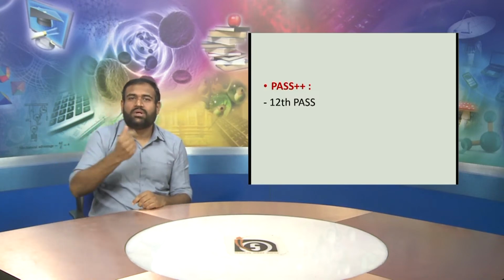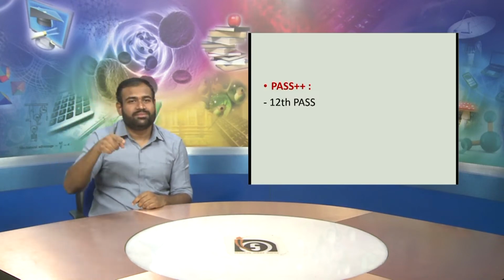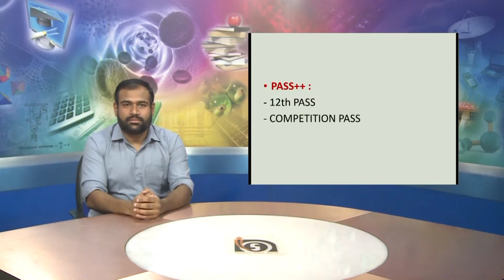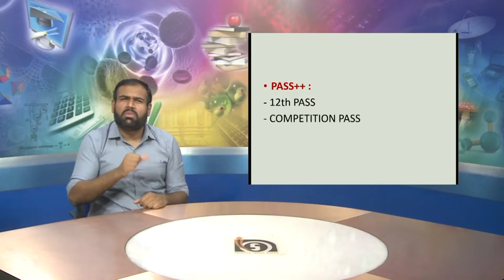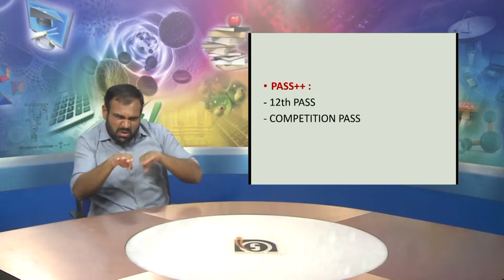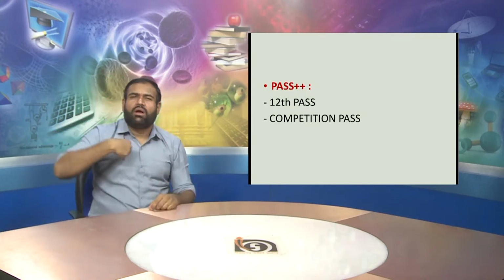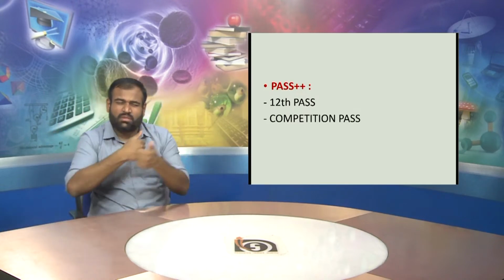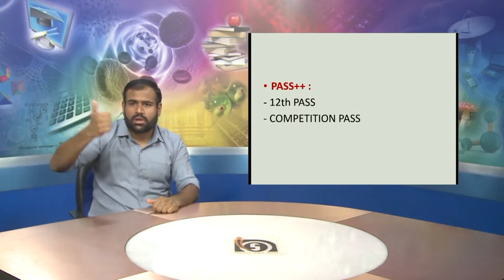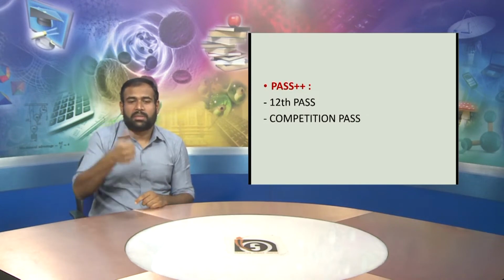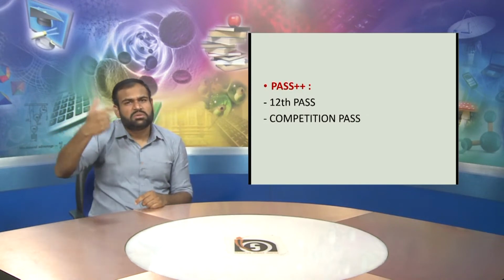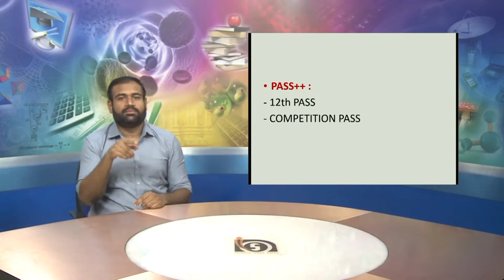It means I have been passing all this time. I passed in the competition also. So this is the sign we will be using for telling that we have passed.